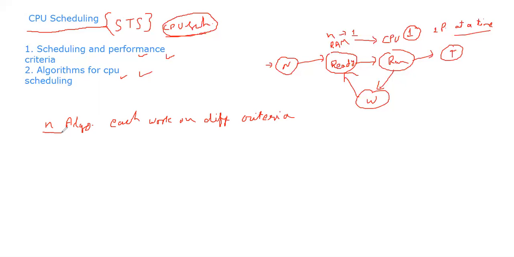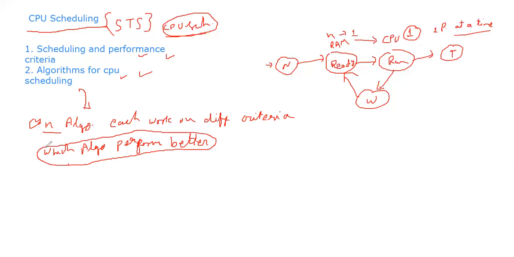Each has its own functionality, and that is scheduling algorithms for CPU scheduling. Now the thing is, which algorithm performs better? Now how to decide this?